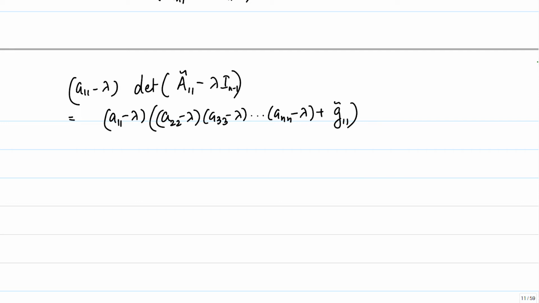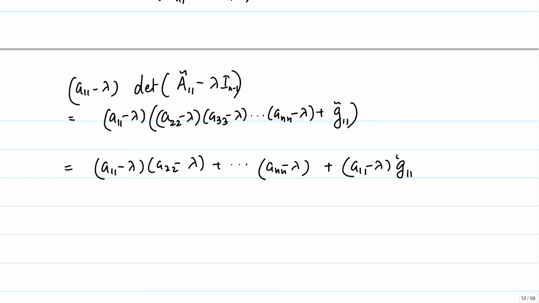Well, this is equal to A11 minus lambda, A22 minus lambda, up to ANN minus lambda, plus A11 minus lambda into G11 tilde.